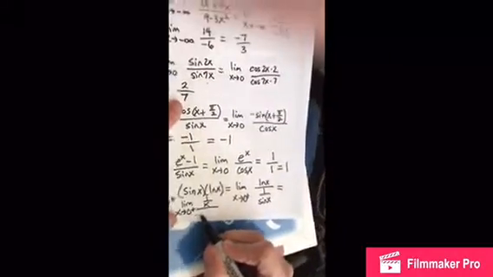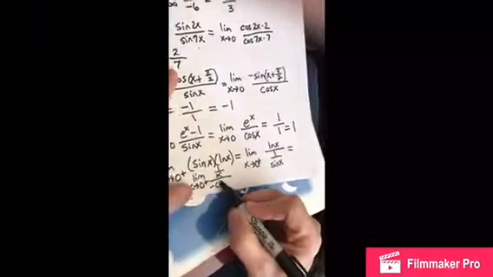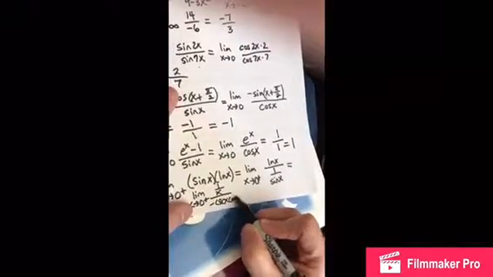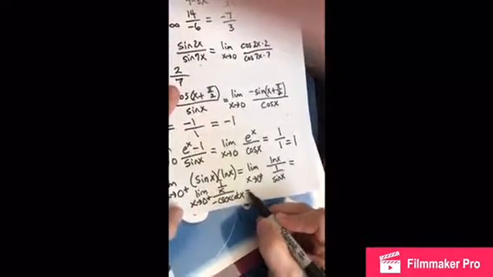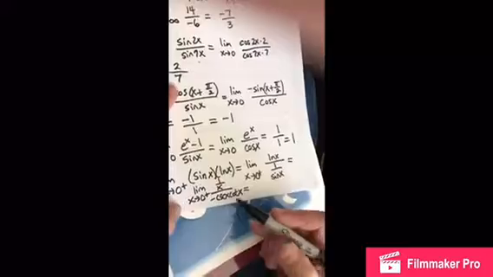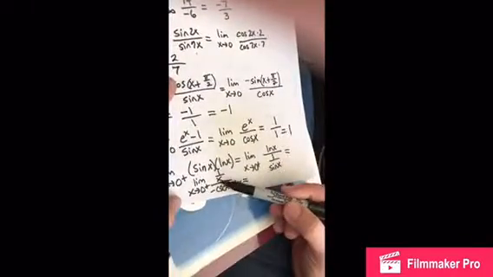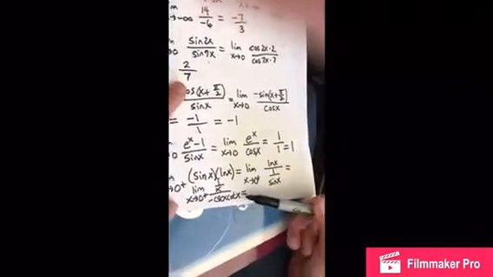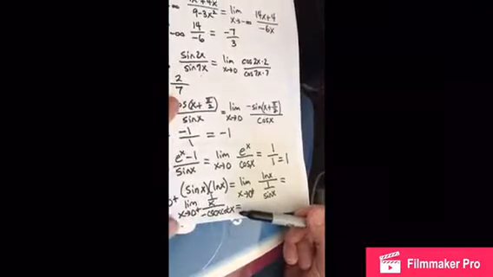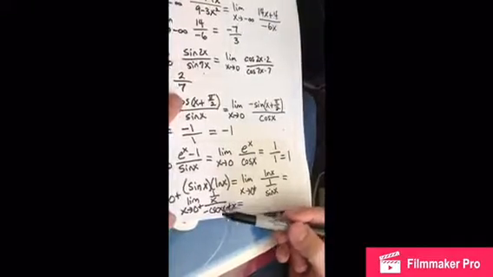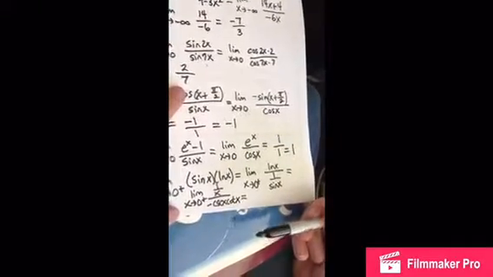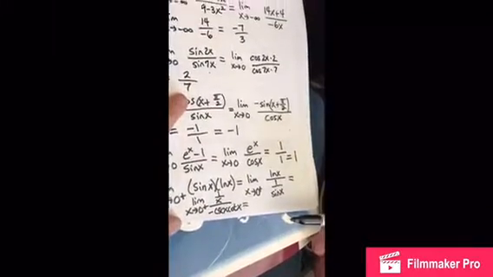So let's just write it as negative cosecant x cotangent x. Okay. So now, if you look at this, 1 over x over the negative cosecant x cotangent x, we still have an issue because we're going to have infinity over infinity. So you would have to go again.